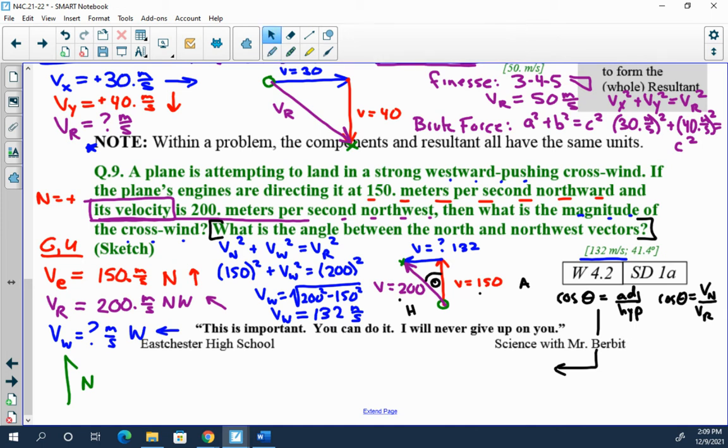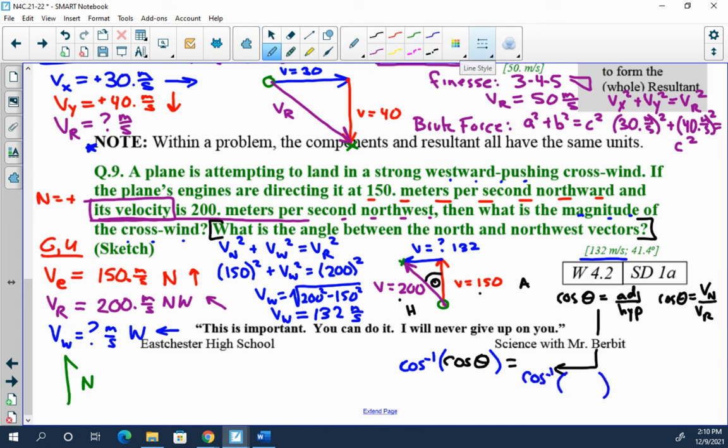So if you inverse cosine both sides here, I'll write it out fully for you, just in case you haven't seen this in a while. Inverse cosine of theta equals inverse cosine of adjacent over hypotenuse.